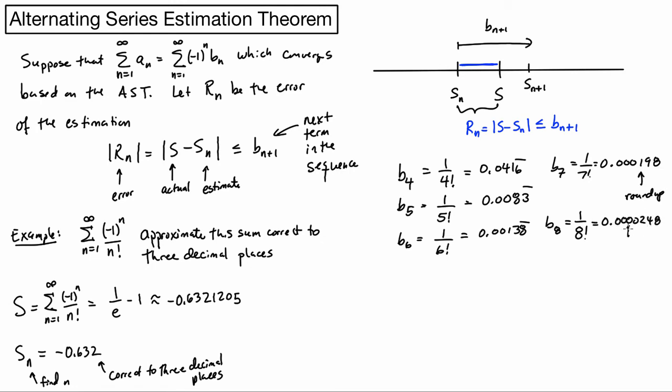So there's no way for the 3rd decimal place to be affected, which means that I know my partial sum is accurate to 3 decimal places once I hit the 7th term of my partial sum, because b8 is here, and so the error is created by s minus s7. So s7 will be accurate to within 3 decimal places.